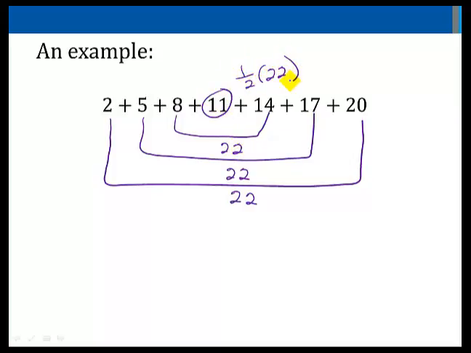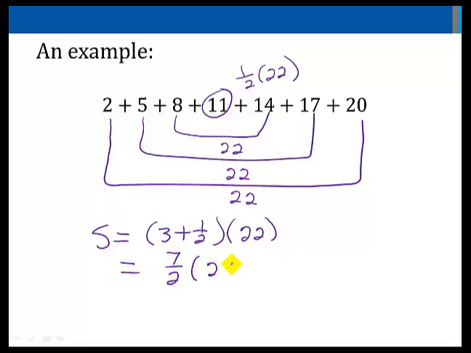So if I want to find the sum of this sequence, my sum will be equal to 3 plus 1/2 times 22, which is 7/2 times 2 plus 20. So once again, I can find my sum by taking n over 2 times a plus a sub n.